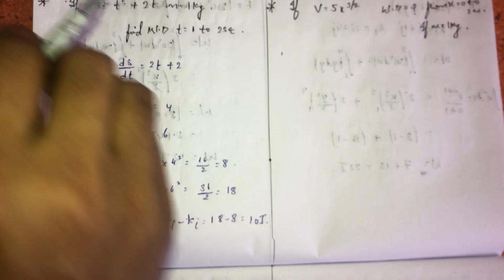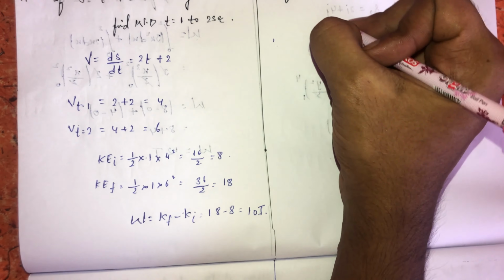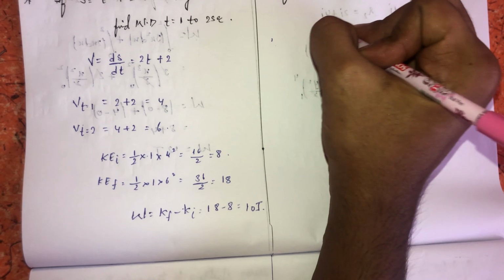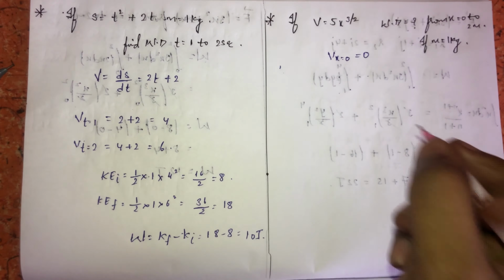That's fine. Here velocity at x equal to 0 will be equal to 0. Then velocity at x equal to 2 will be equal to, substituting a value of 2 for x, 5 times 2 to the power of 3 by 2. Now I will square both sides.